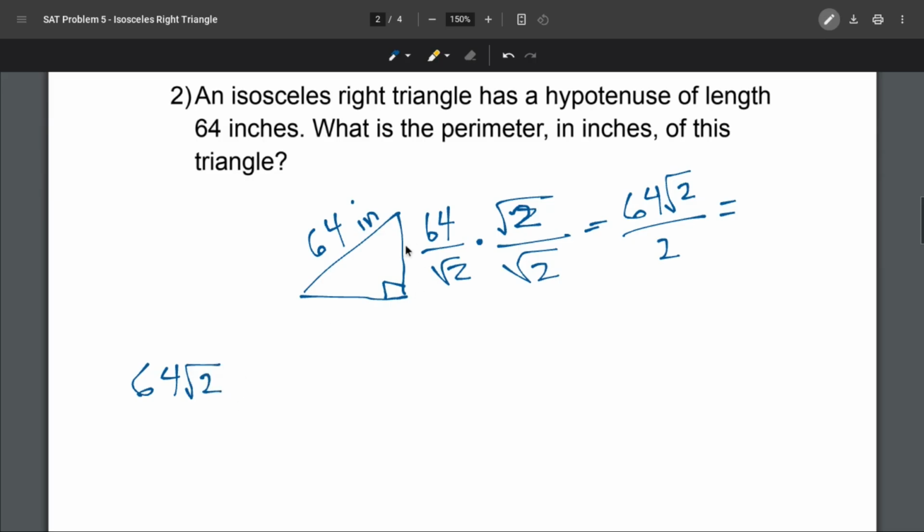Because really think about this, before I simplify, this is over 2, but we multiply by 2, so that gets rid of the denominator of 2. Okay, so we have 64 square roots of 2 plus 64 inches.